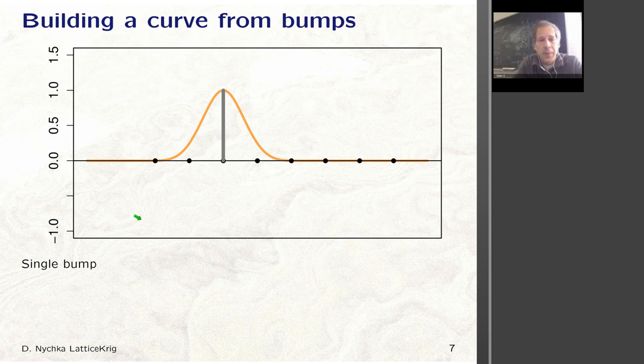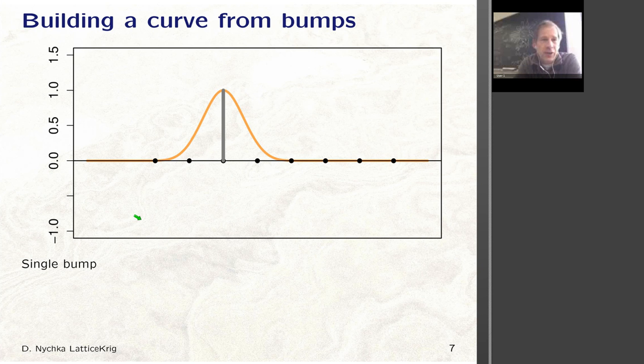That's basically the hook that allows us to compute for large data sets. At the end of the day, we will have a covariance function and we will have a spatial model, but we're going to get to it via a very different route. That different route is going to generate different kinds of matrices that have lots of zeros in them. And so let's get started.